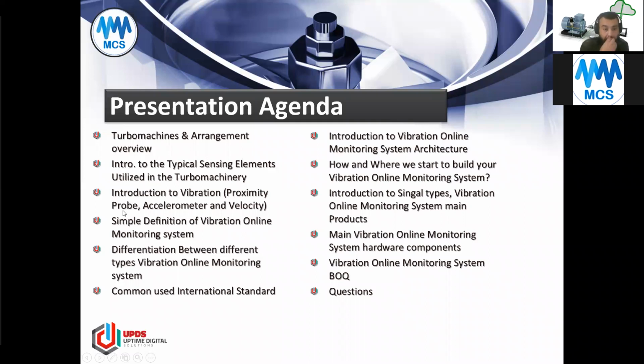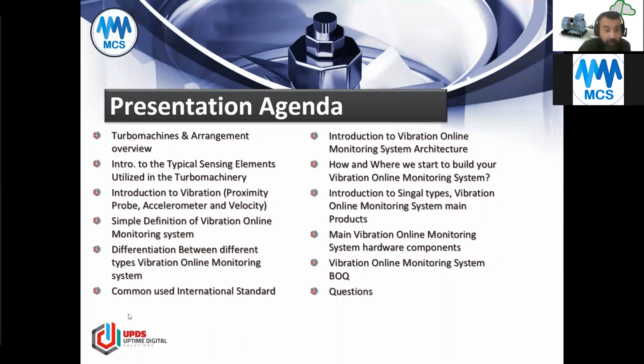We're going to give a simple definition of a vibration online monitoring system and how to make things simple, because most of the people working in this field see the online monitoring system as a black box. What we are looking for is to make it clear and simplified, so that it is understandable for all.